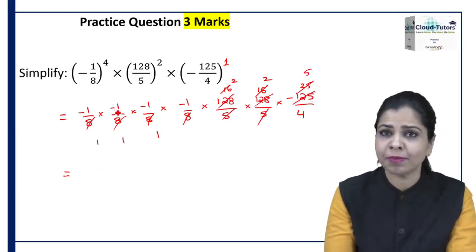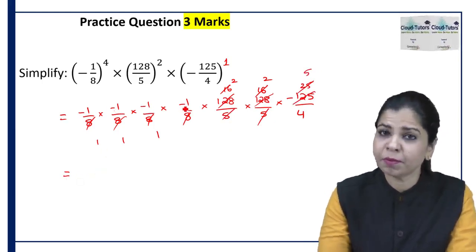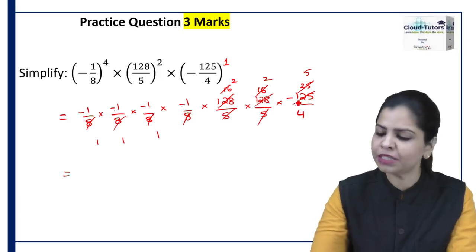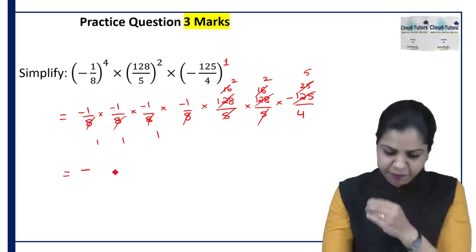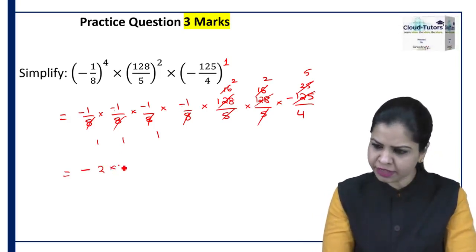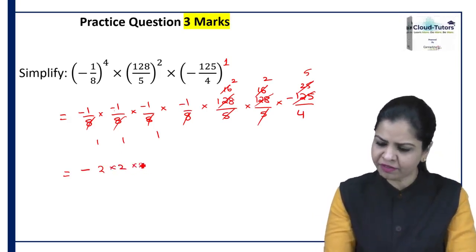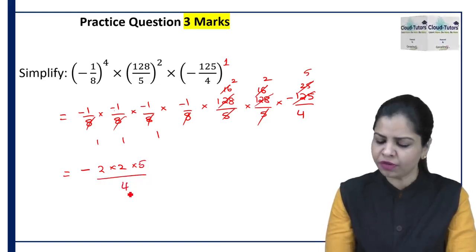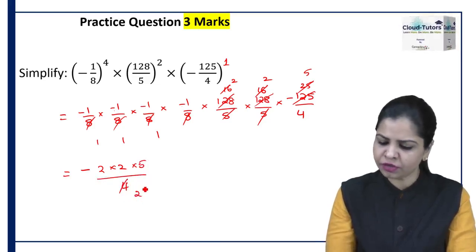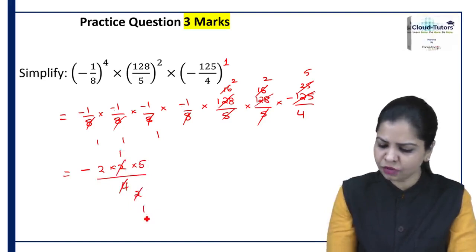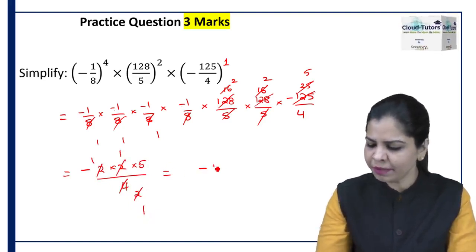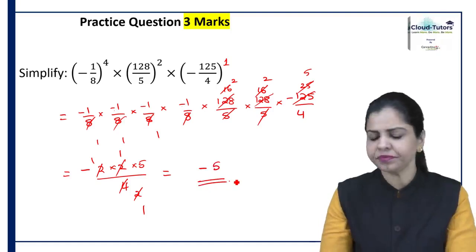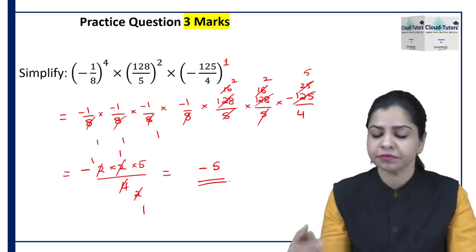Minus into minus is plus, plus into minus is minus, minus into minus is plus, plus into minus is minus, and then I have 2 into 5 by 4. So again 4 2s are, 1s are, 2 1s are, and this is 1s are. This answer would be minus 5.